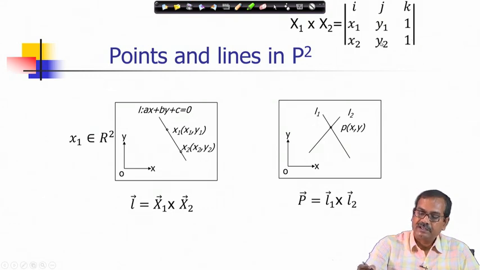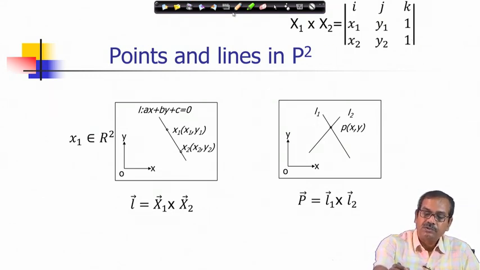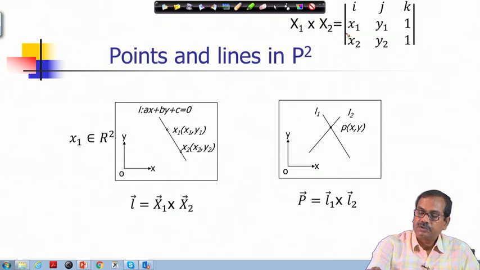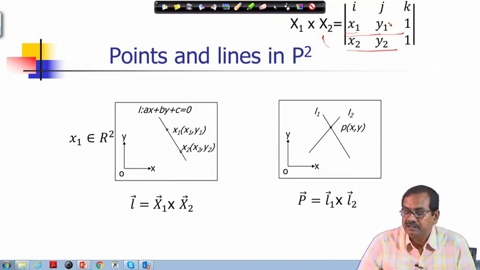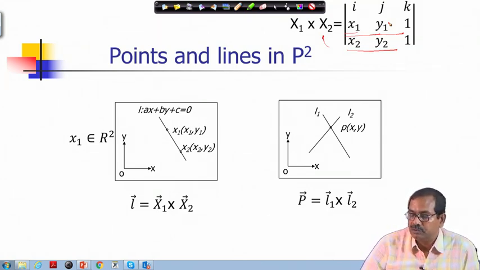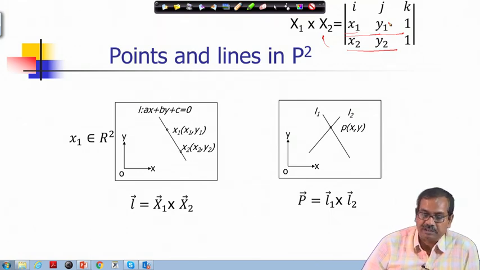So, you should see that these are the coordinates corresponding to point x1, and these are the coordinates corresponding to point x2, and we define the cross product of 3 vectors in this particular form. If I get the determinant, then I can always compute this by expanding the determinant.